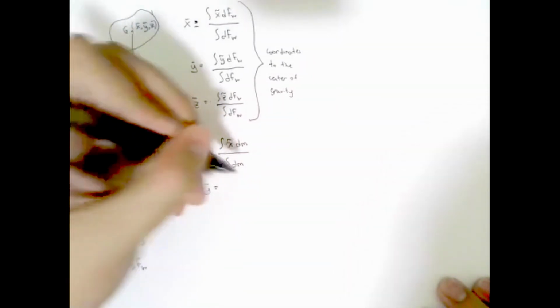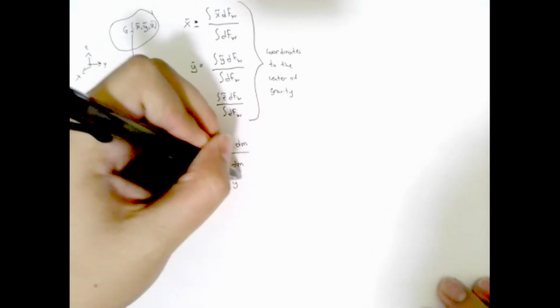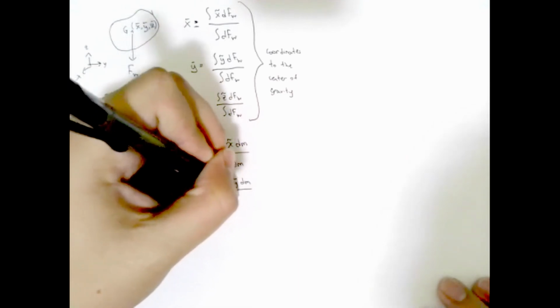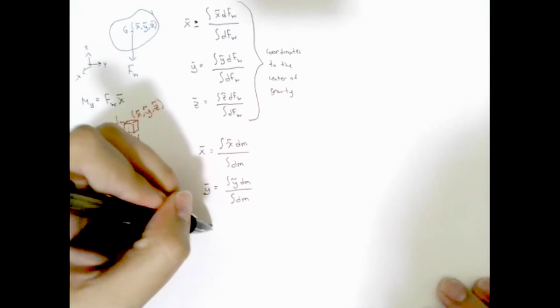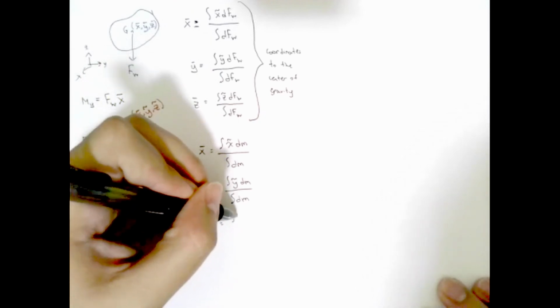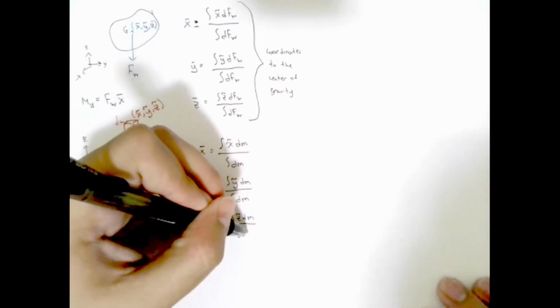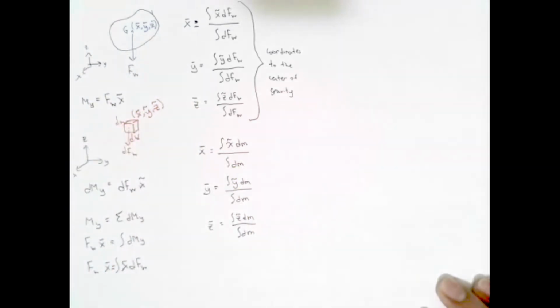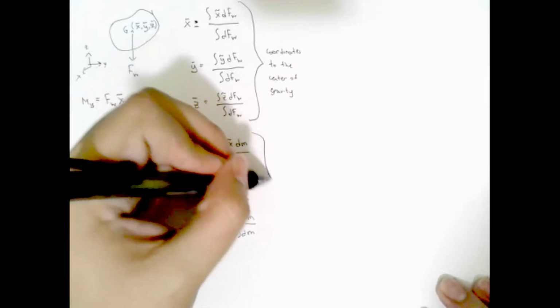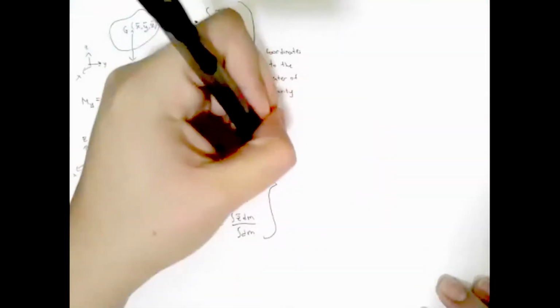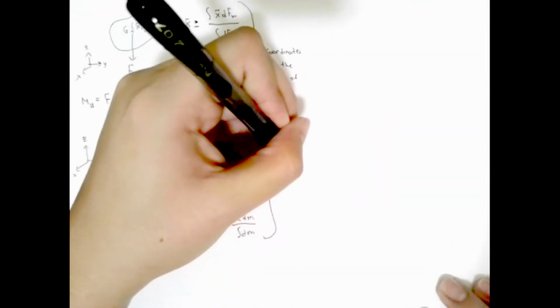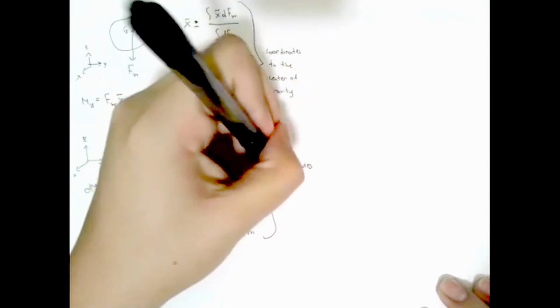We can repeat the same process for my y coordinate, as well as for my z coordinate. And these equations essentially give me the coordinates to the center of mass.